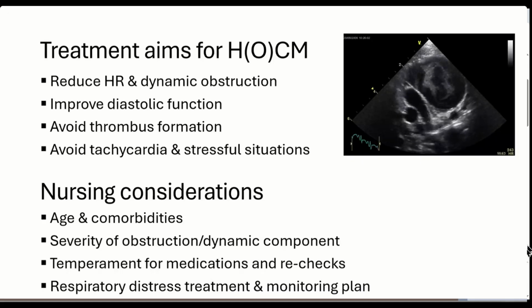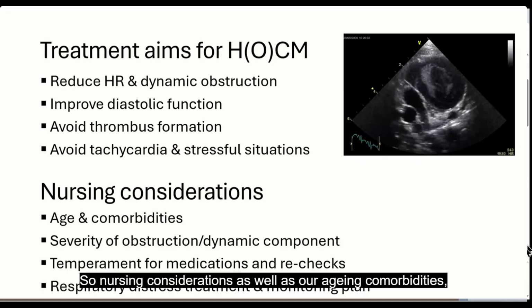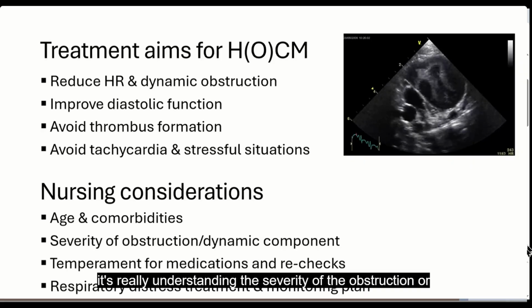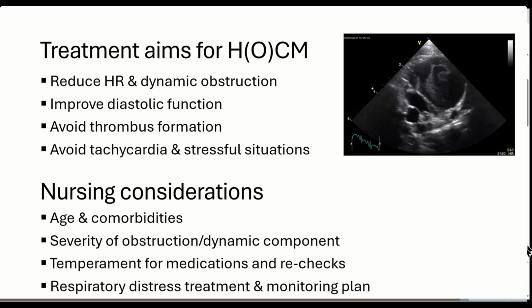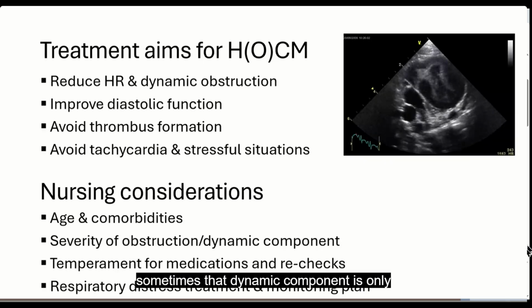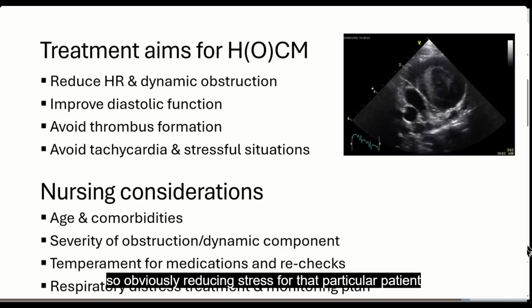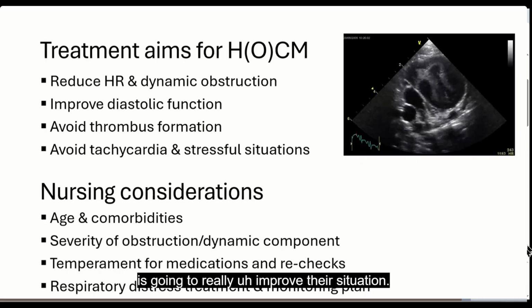So nursing considerations, as well as our age and comorbidities, it's really understanding the severity of the obstruction or the dynamic component that that patient is suffering under. As I said before, sometimes that dynamic component is only apparent at higher heart rates. So obviously reducing stress for that particular patient is going to really improve their situation.